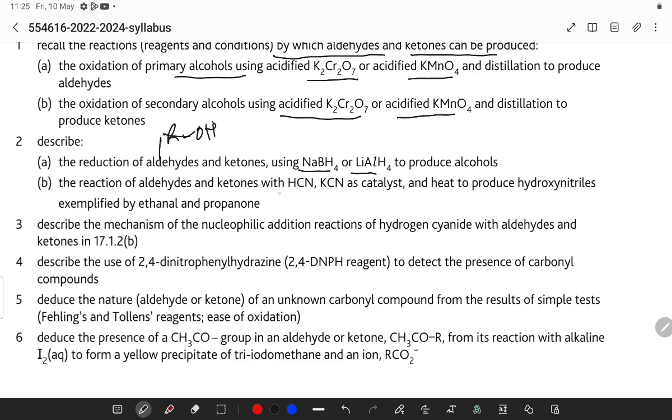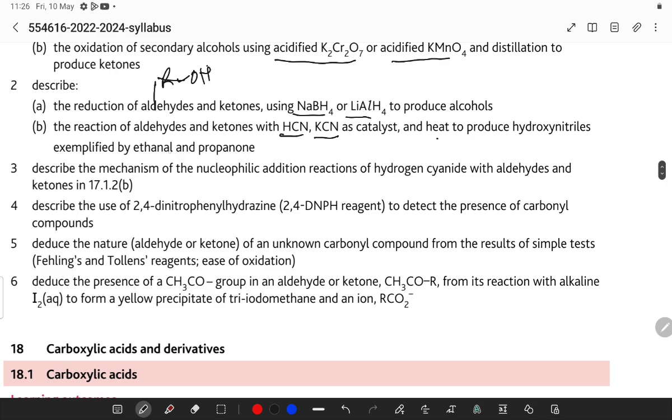The reaction of aldehydes and ketones with HCN, with KCN as a catalyst and heat, produces hydroxynitrile, exemplified by ethanol and propanol. So this is the reaction which I will discuss with you: the reaction of aldehydes and ketones with HCN and KCN as a catalyst and heat to produce hydroxynitriles.